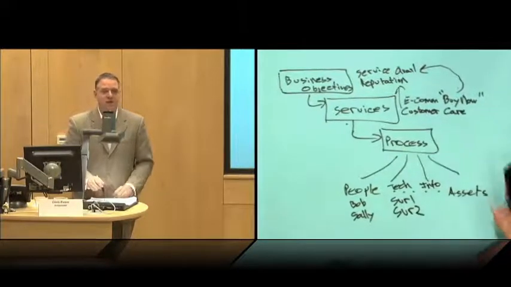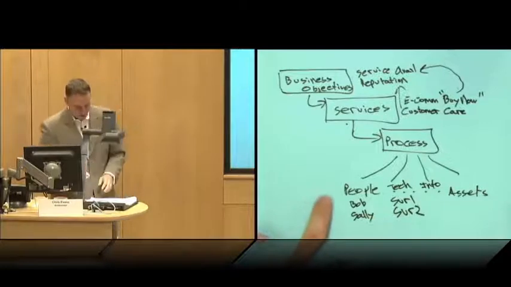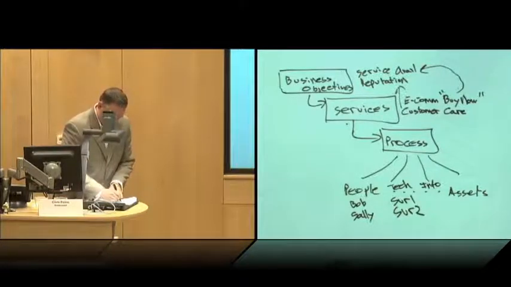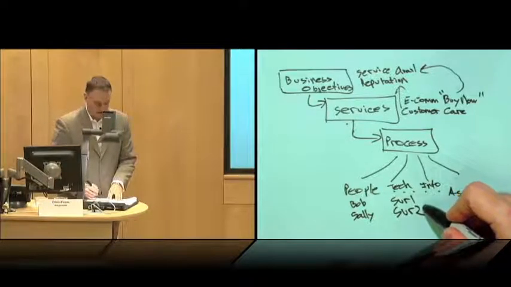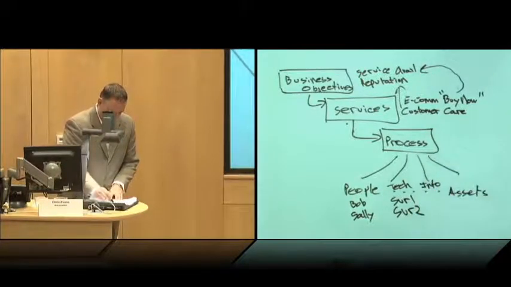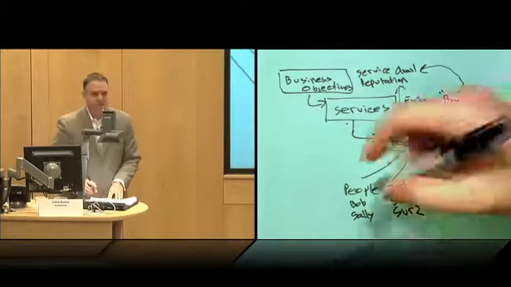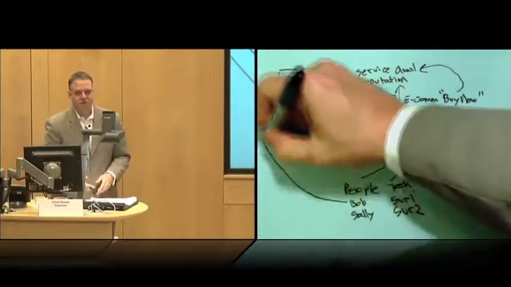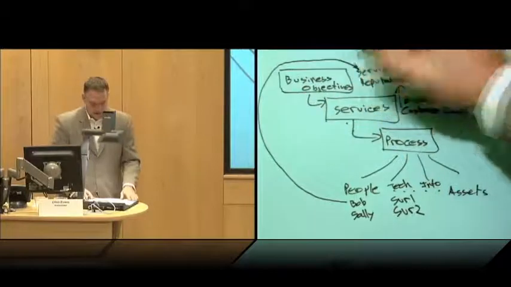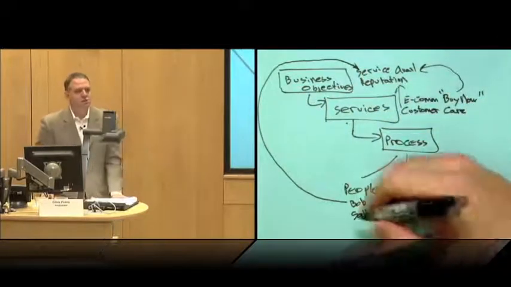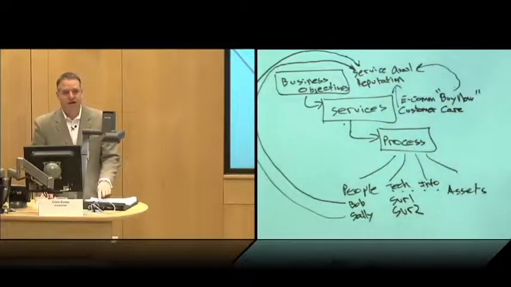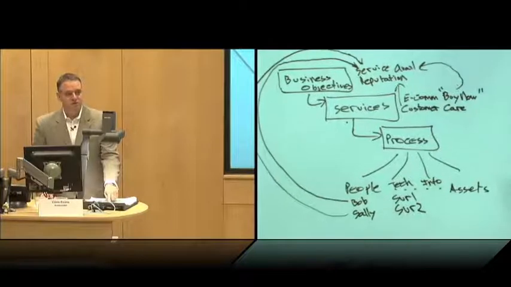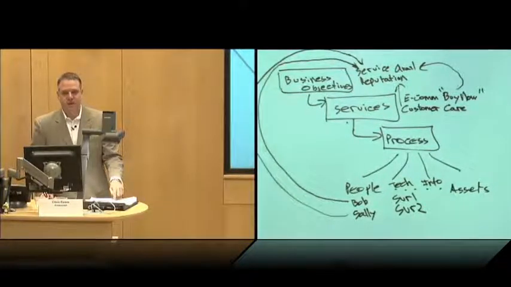What I'm getting at here is now being able to make a link between Bob and service availability, Sally and service availability, or the server based on the reputation or something like that. So what I'm getting at here is the ability to prioritize people, technology, information, and facilities back to your business objectives. This will let you say, Bob is more important than Sally.